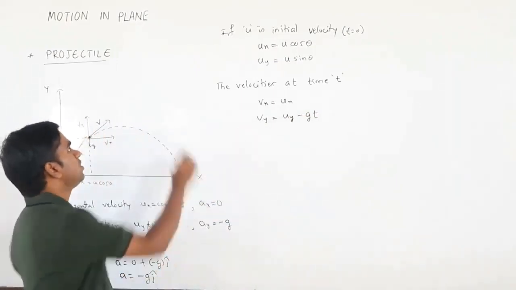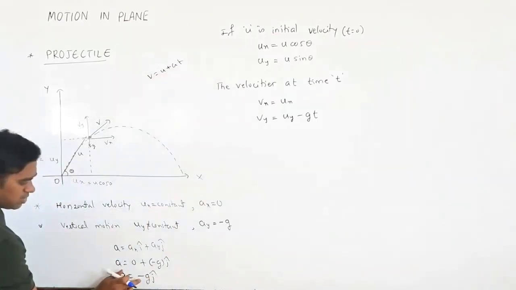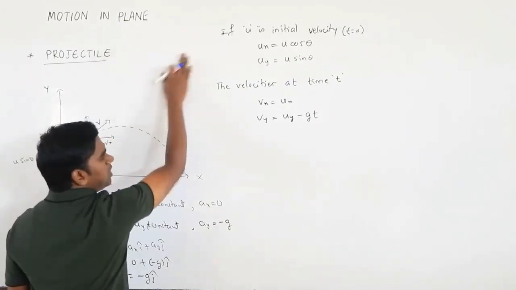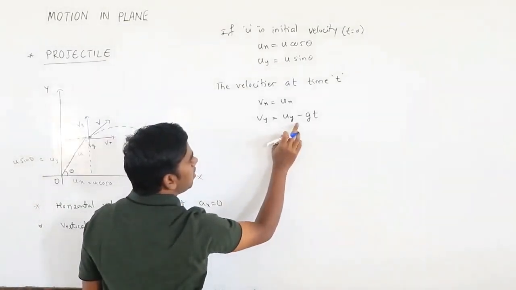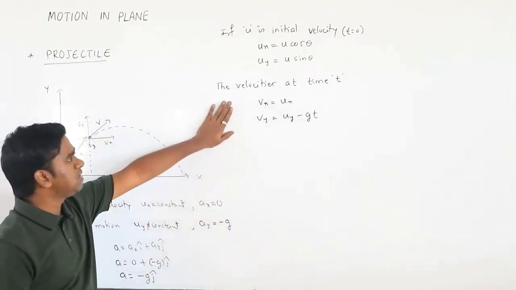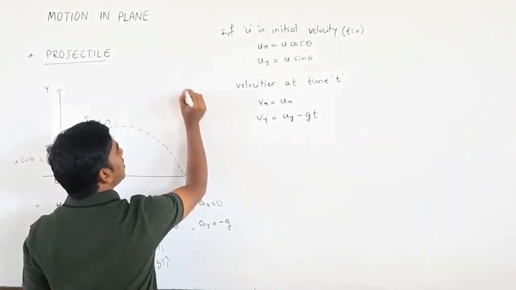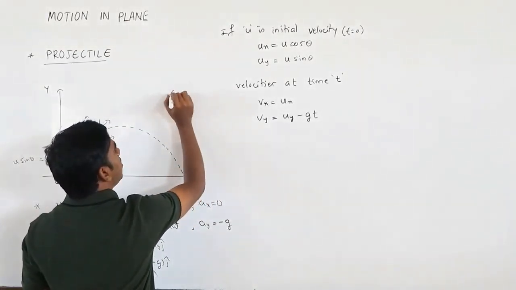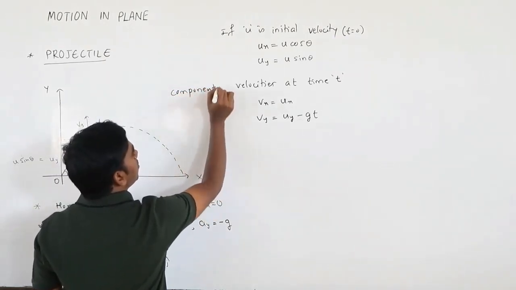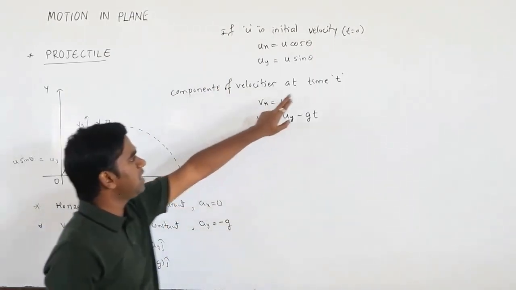That is your v equals u plus at, where a is minus g and u is uy. So you get vy equals uy minus gt. These are the velocity components at time t: vx and vy.